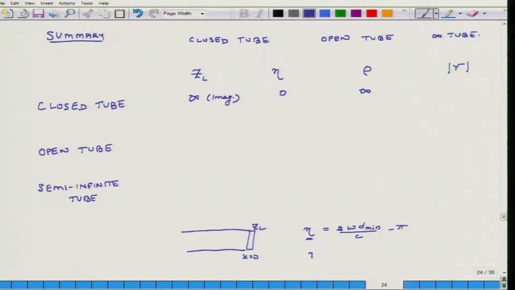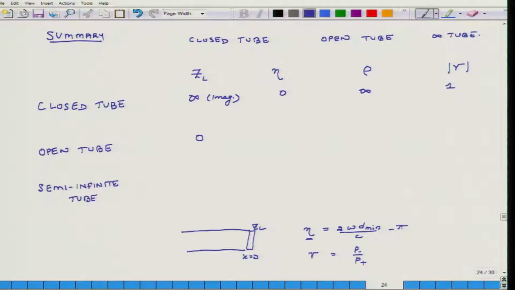And then gamma. Gamma was defined as P minus over P plus, and for a closed tube this ratio of P minus and P plus is 1, P minus is equal to P plus. So, it is 1. For an open tube, the value of ZL is 0 because pressure at the open end is 0 while the velocity is non-zero.